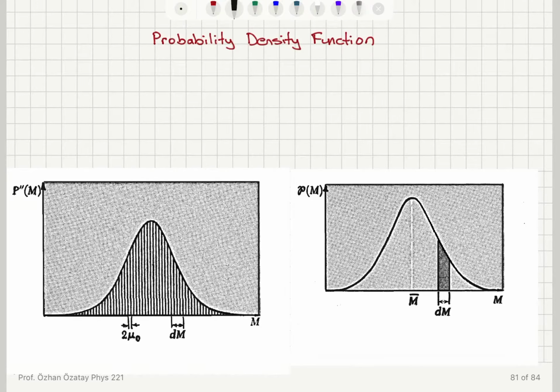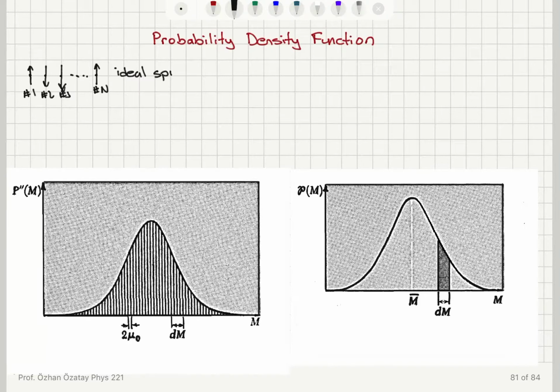Let's consider an ideal spin system with capital N spins. We can label these spins as number 1, number 2, number 3, all the way up to number N. So these are ideal spins.